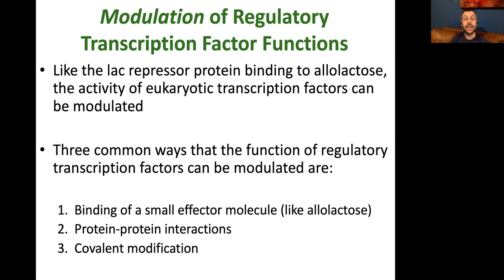And then there's covalent modification of transcription factors. All that means is a transcription factor has something covalently bonded to it, like a phosphate group. It's a small chemical moiety that's bound to the protein by a covalent bond.